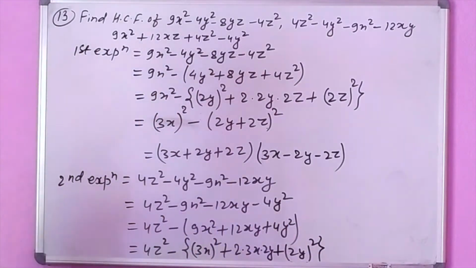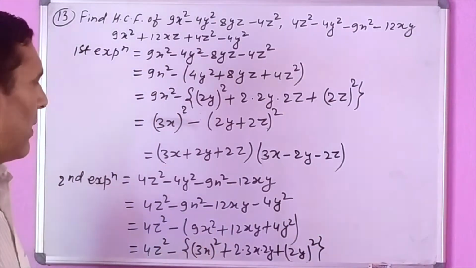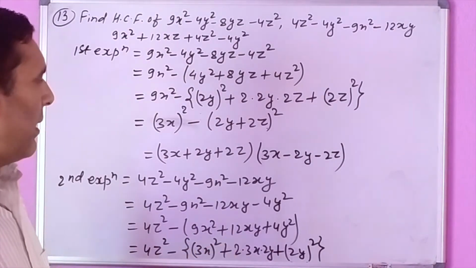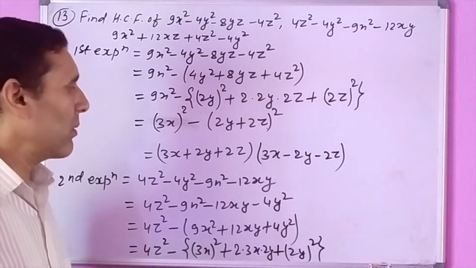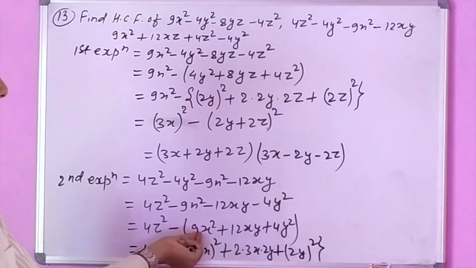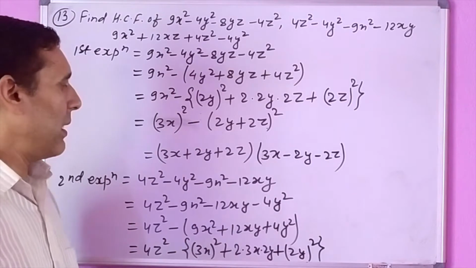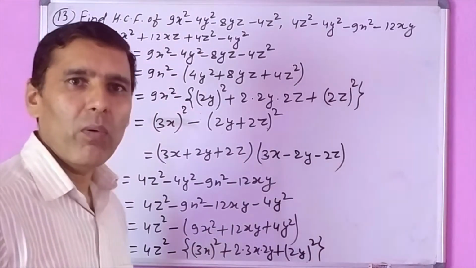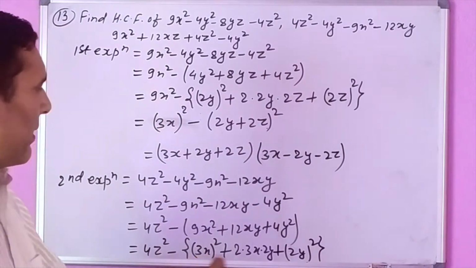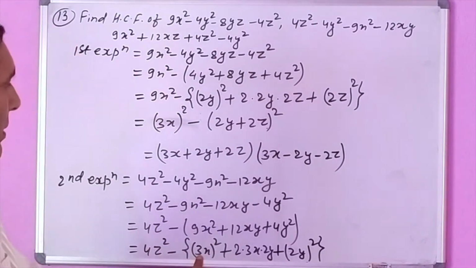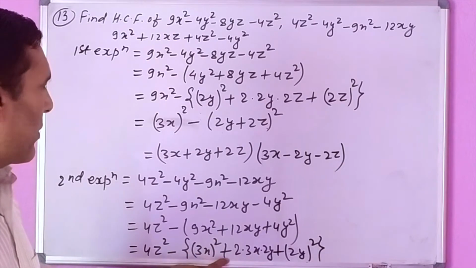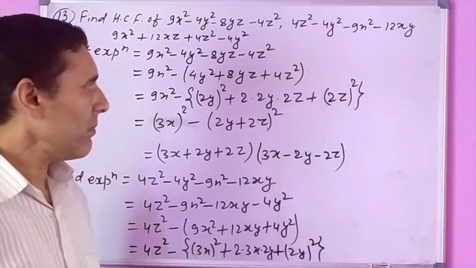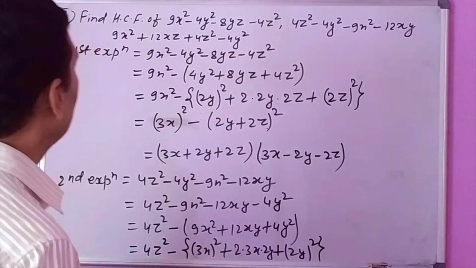Now look here: square of 3x, 9x square; 2 into 3 into 2, 12xy; and square of 2y, 4y square. So this thing inside the bracket, 9x square plus 12xy plus 4y square, is in the form of a plus b whole square. It is the square of 3x plus 2y, because it can be written as a square plus 2ab plus b square, where a is 3x and b is 2y.